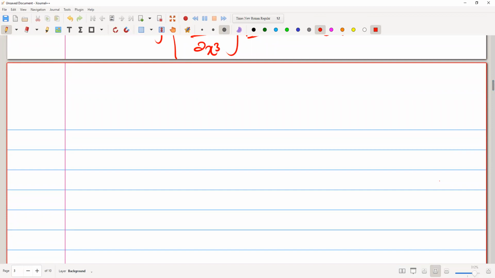In general, we can write the Fourier transformation of ∂ⁿu/∂xⁿ as simply (iω)ⁿ times u, where this u is a function of omega, right? So in general, we can write it in this way.